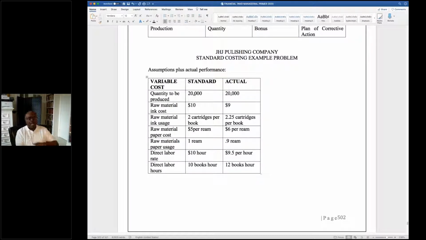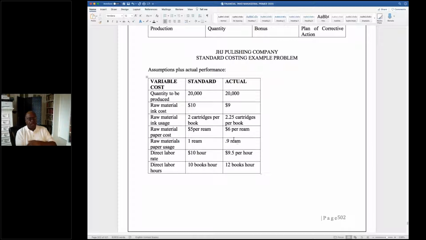So that was our goal, that was our budget coming out at the start of the year. When the end of the year came, they did make 20,000, but the raw materials cost us $9, so that was a good thing. It cost us less, but it took 2.25 cartridges per book. So we didn't use 2 ink cartridges, we used 2.25. The paper cost us $6, so we paid more than standard.